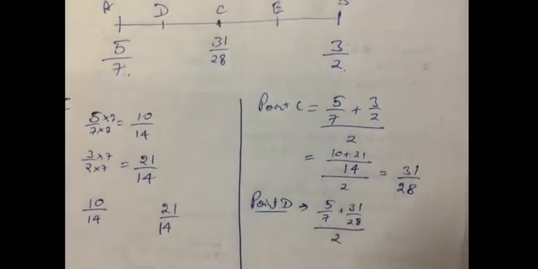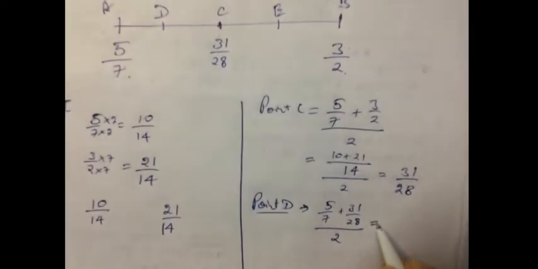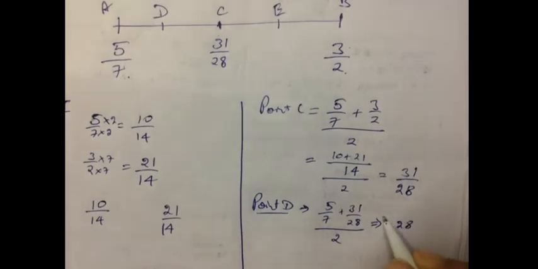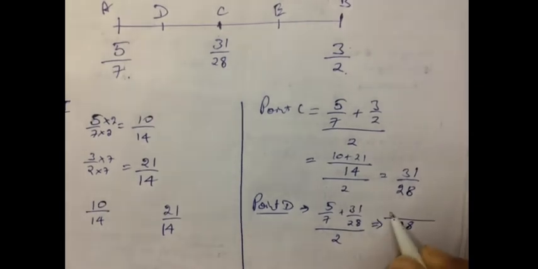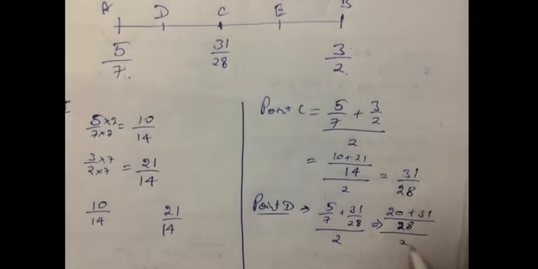Now as we know, 7 into 4 is 28. Therefore LCM will be equals to 28, and we have to multiply 5 by 4. It becomes 20 plus 31 upon 2.